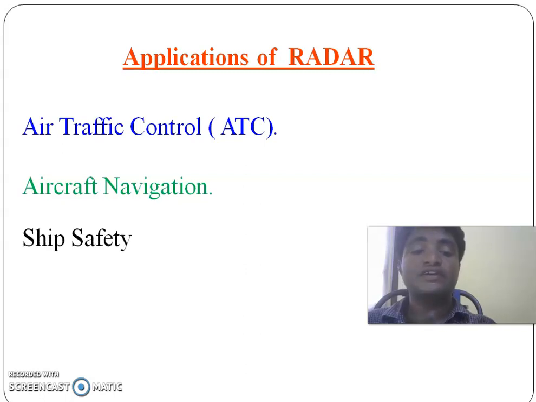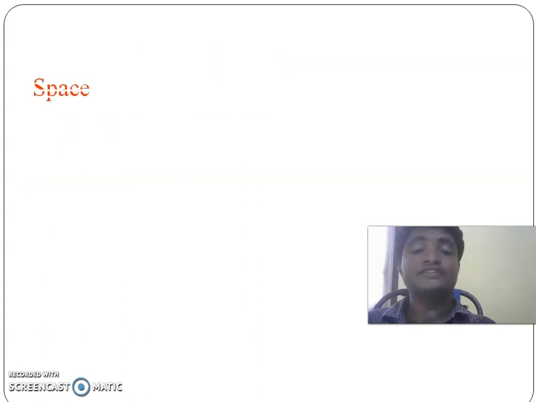The next application is ship safety. Already we know that radars can be placed on ships, and are used to avoid collision with other ships and mountains, which enhances the safety of the ships. The next application is space. The radar can be used on satellites for safe landing on the moon and other things.